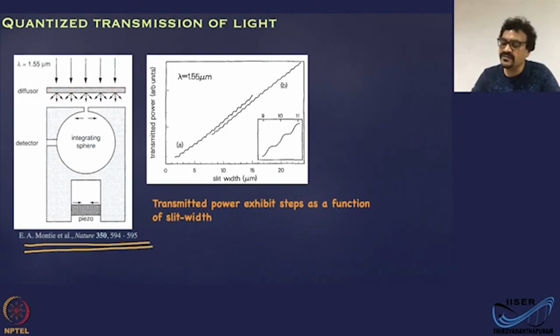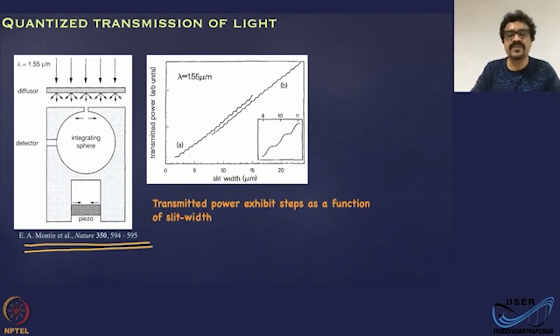Then you have a detector in the form of a sphere here, and some arrangement to control the width of the opening through which the light is entering. This is like the electrons going through the constriction. The light goes into a region where you can measure the intensity, which is an integrating sphere, through a collimator whose width you can control.